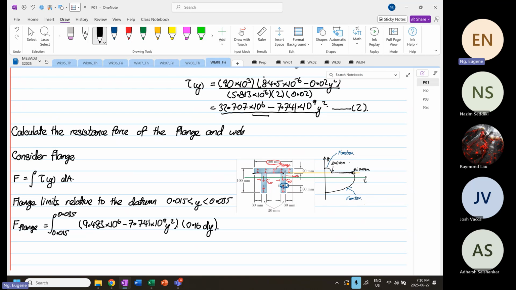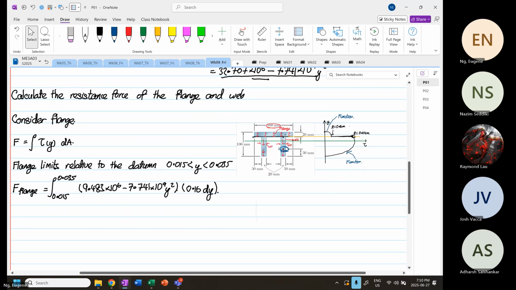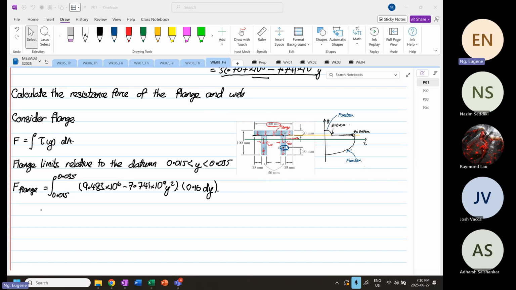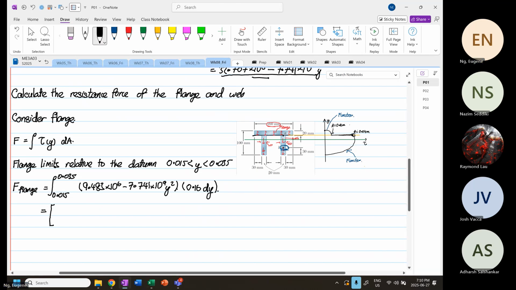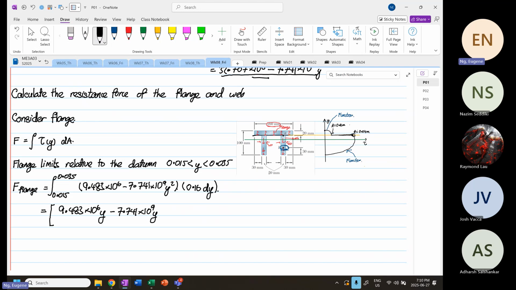So now we are going to do a very simple integration. This will be equal to 9.483 times 10 to the power 6 y minus 7.741 times 10 to the power 9 y cubed divided by 3, integrated within the limits of 0.015 to 0.035, and then multiplied by 0.16.